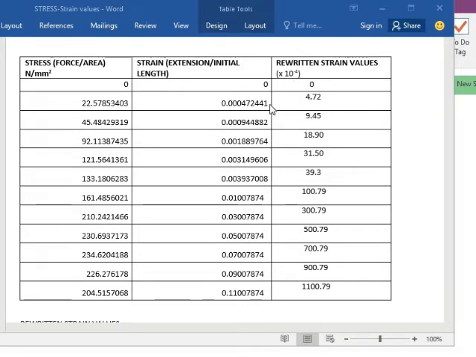So I subsequently converted all the values into multiples of 10 raised to power minus 4, and I inserted the 10 raised to power minus 4 up here. Now I have a set of values which don't look too confusing, and I can use them to plot my graph and it won't be much of a problem, just the way I have nicely looking values here.